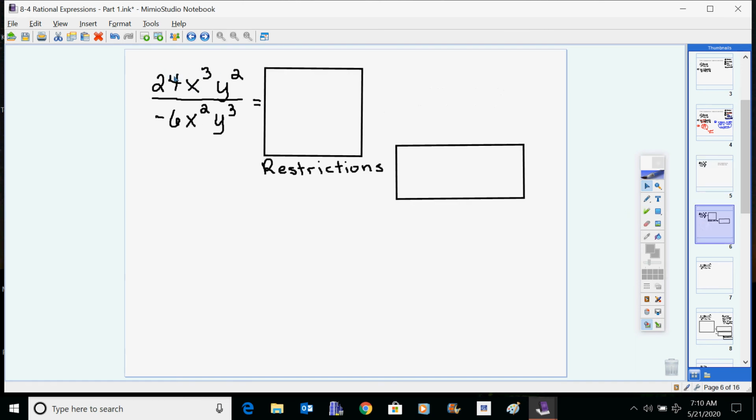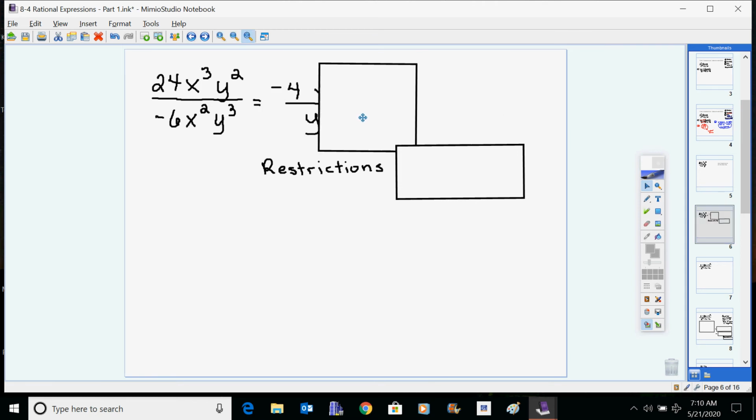So for example, 24 and 6 have common factors, so you divide numerator and denominator by 6 and get 4, actually a negative 4. The negative can be in the numerator or the denominator or out in front of the whole fraction. That doesn't matter. But 24 divided by negative 6 is negative 4. There are 3 x's up here and 2 down here, so 2 will cancel and you have an x in the numerator.